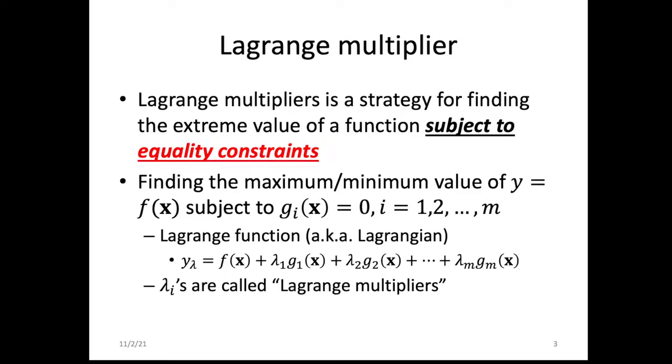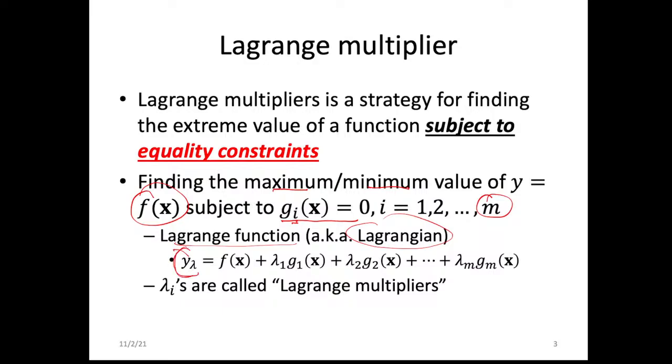So Lagrange multiplier is like this. If you want to find the maximum or minimum of a certain f of x, subject to some equality constraints, which is gi of x equals 0, so you have g1, g2, g3 up to gm, which means you have m different equality constraints, then you can construct a Lagrangian, or called Lagrange function, like this.